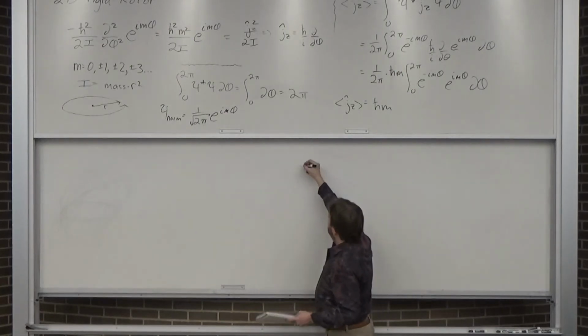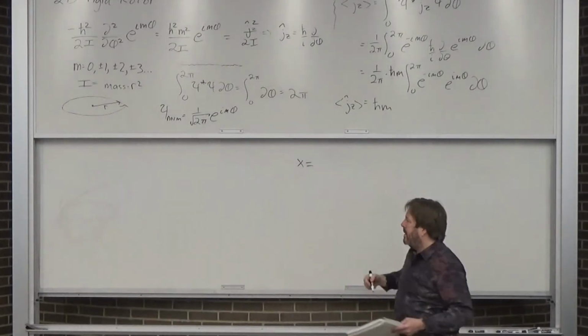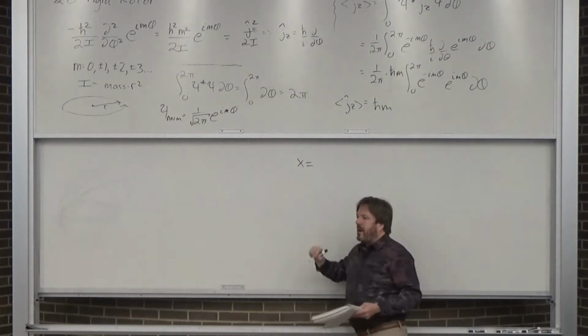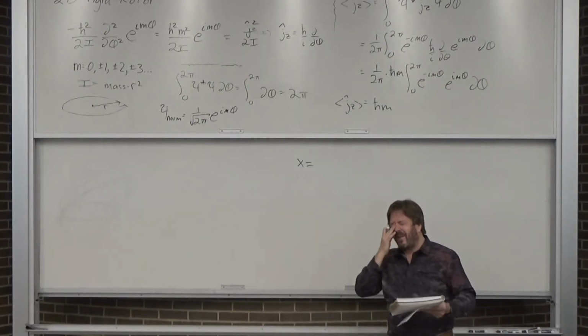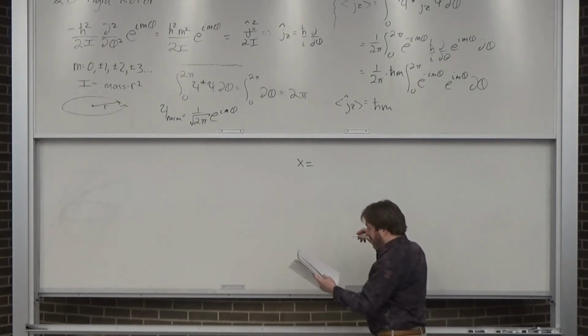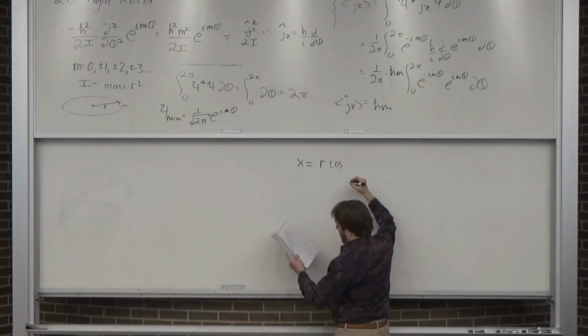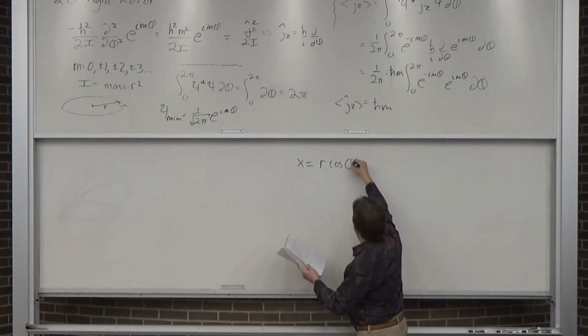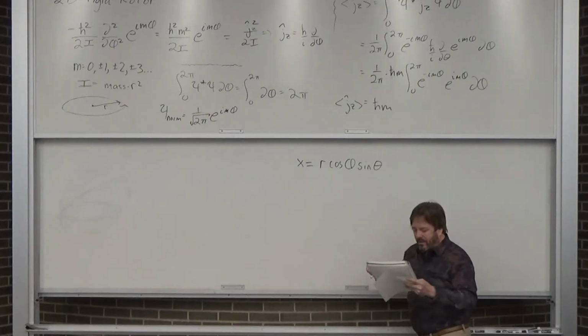Now, despite the fact that I simply added one more variable, theta, x, which used to be r cosine phi, is now a little bit more complicated. It's r sine theta cos phi. You just figure these out with right angles and all that.